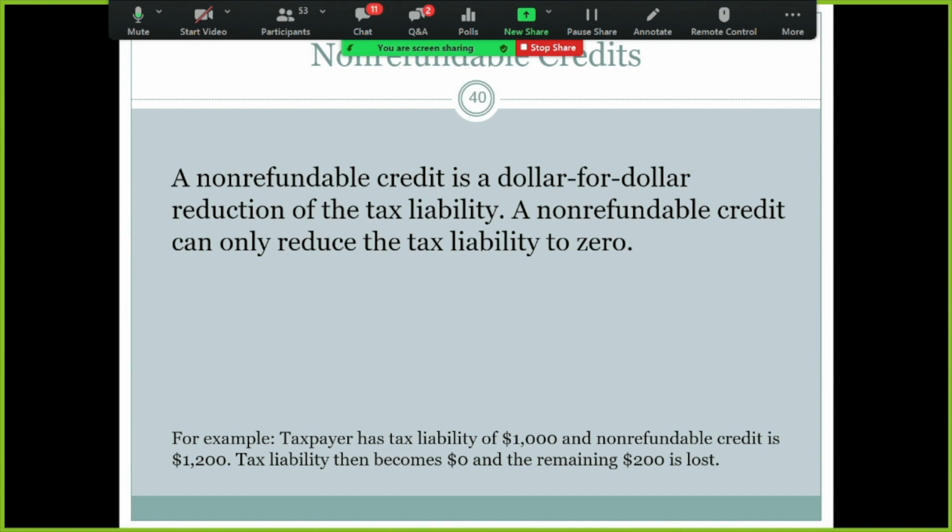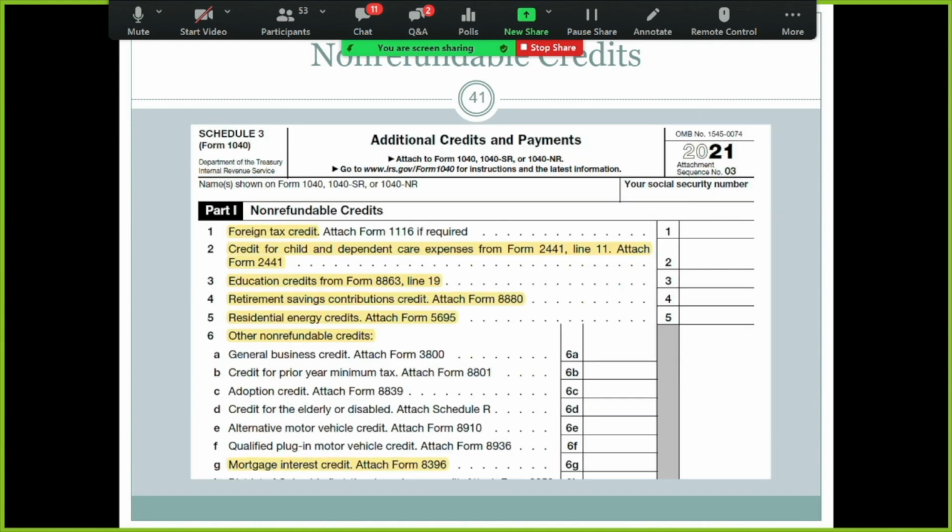Non-refundable credits are shown on the Schedule 3, Part 1. And we have highlighted the ones that we commonly see at our tax sites. Foreign tax credit, not a whole lot. Credit for child and dependent care expenses, Form 1040, line 11, attached Form 1041.